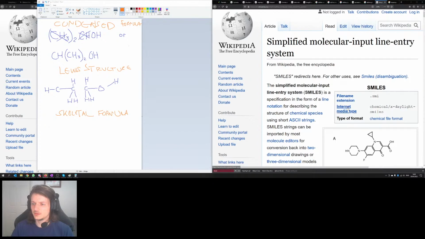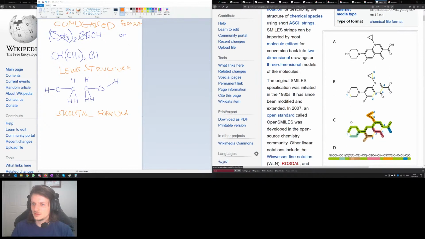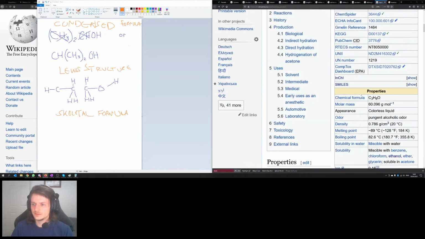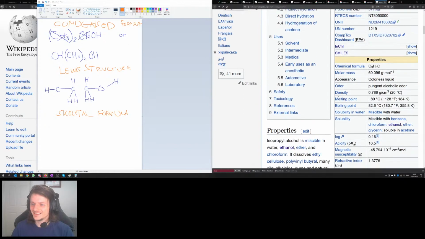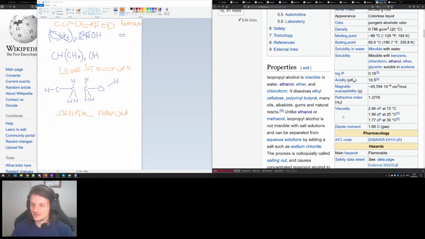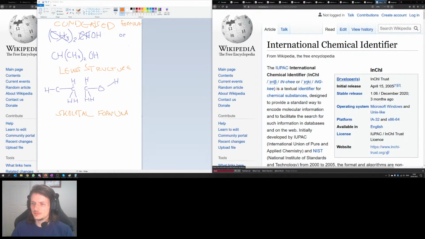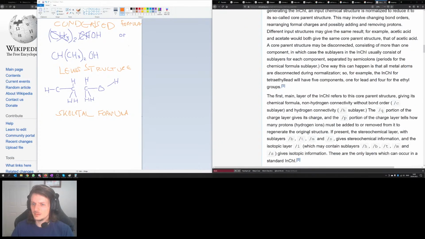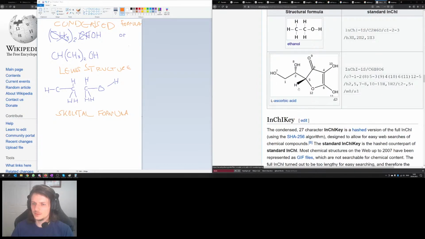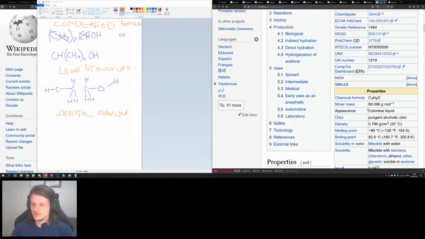Smiles, yep, we'll have a look at that one. Okay. Now I'm starting to understand these. It doesn't have a Lewis for this. So it looks like maybe Smiles is the one that people use. Smiles and these ones.